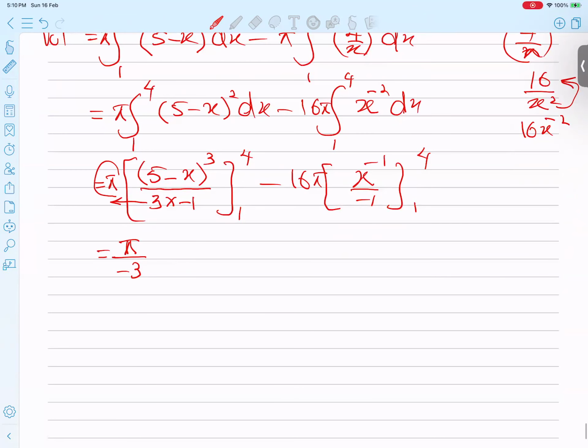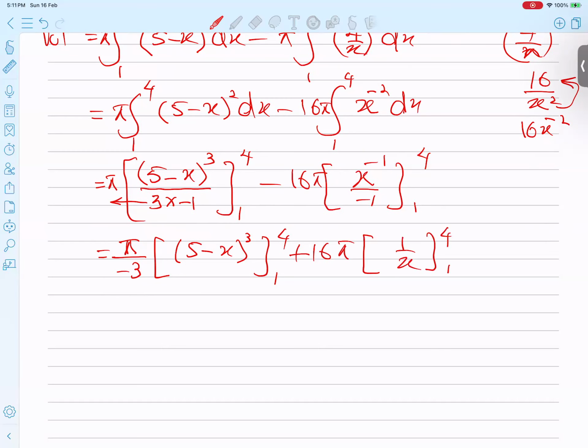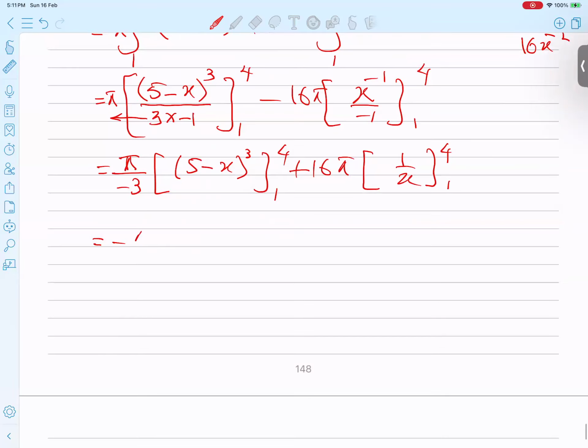So pi by 3 I get from here, and now I can put the limits easily. If we don't bring the negative 3 outside, no problem at all. For the 1 to 4, this negative comes out, and I get positive 16 pi. I simplify x to power negative 1 by bringing it down, positive 1. As much as you spend time on simplification, the question becomes very easy.